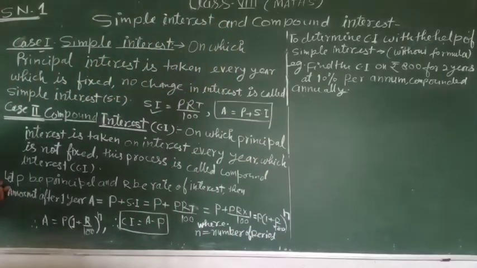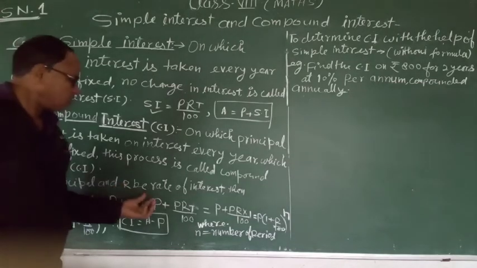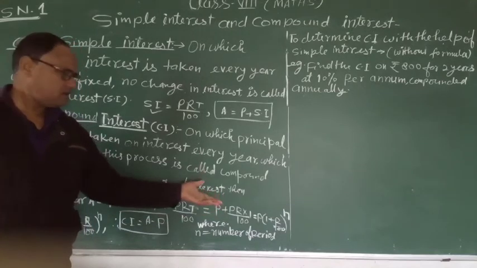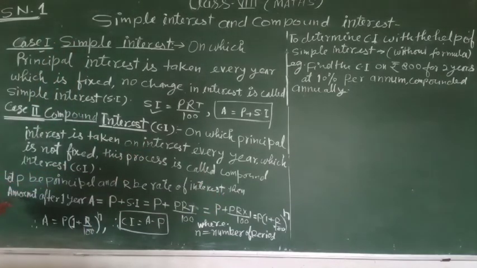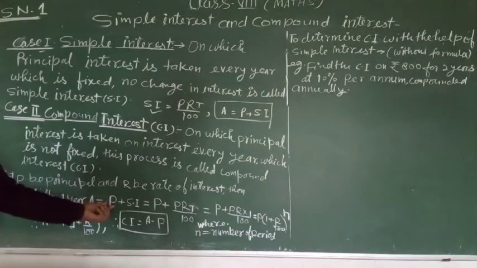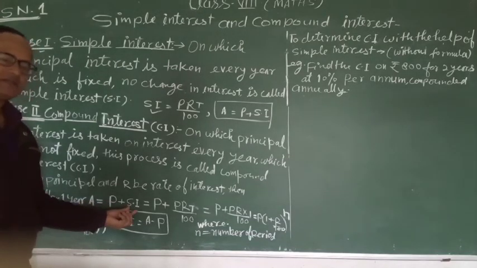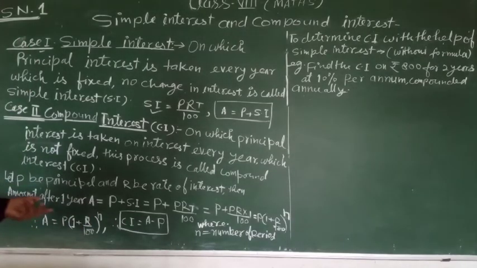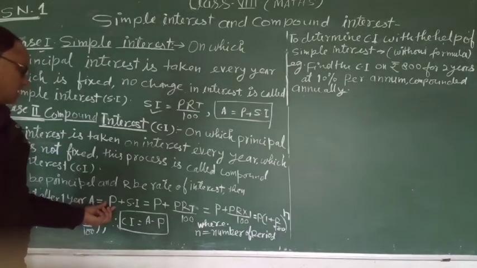In this case, let P be principal, R be rate of interest, and T time period. Amount after 1 year, A, is equal to principal money plus simple interest. Then we get the amount of the first year, when we add principal money and simple interest.